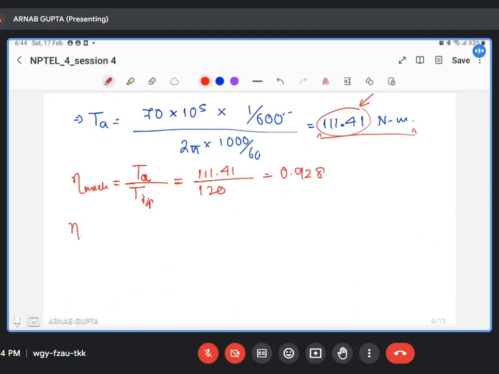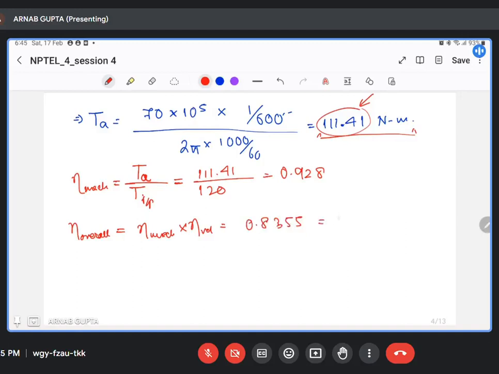So overall efficiency is, what is the value? 0.8355.